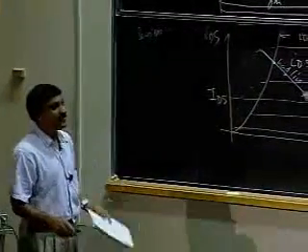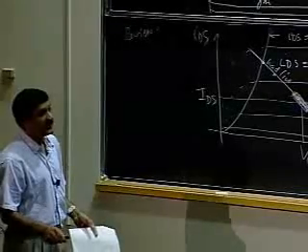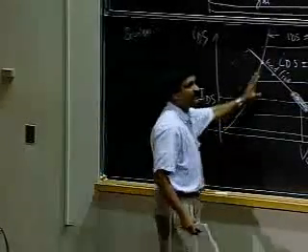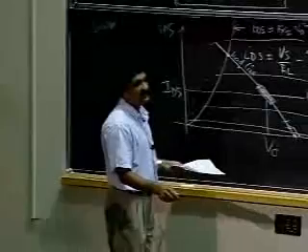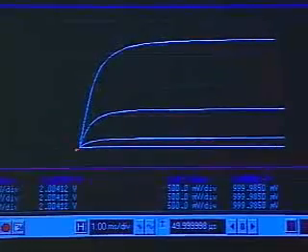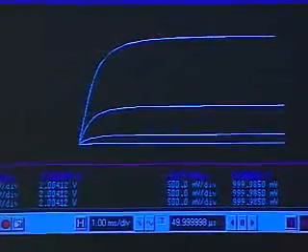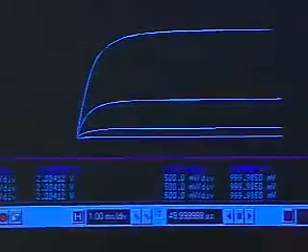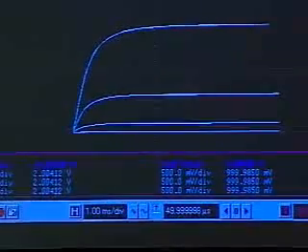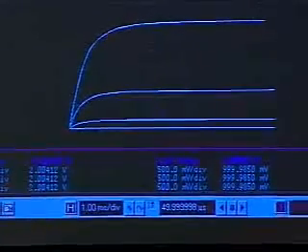What I show here are these curves for the MOSFET. This is VO, and this is IDS. This is the zero point. Ignore this line down here. This line up here corresponds to the output voltage, VO.